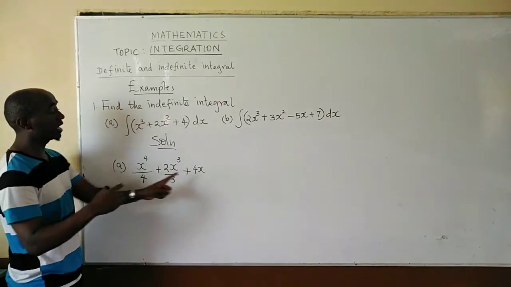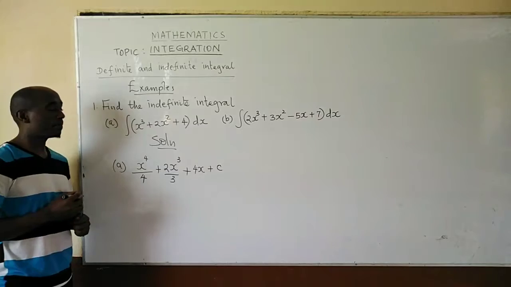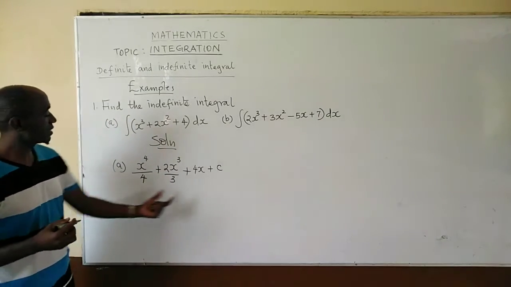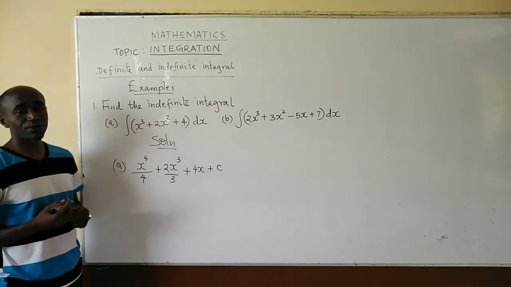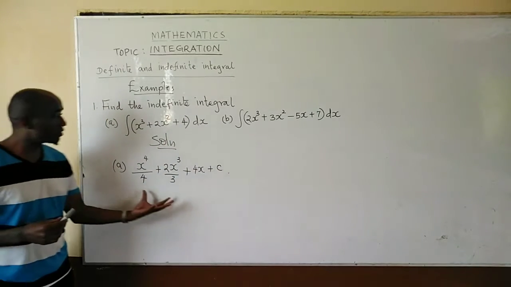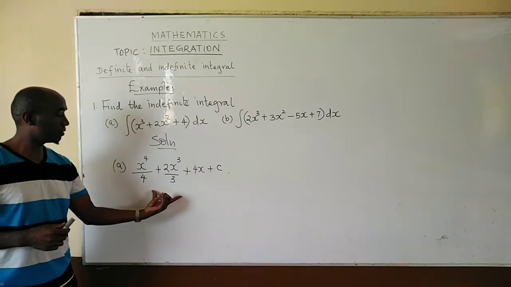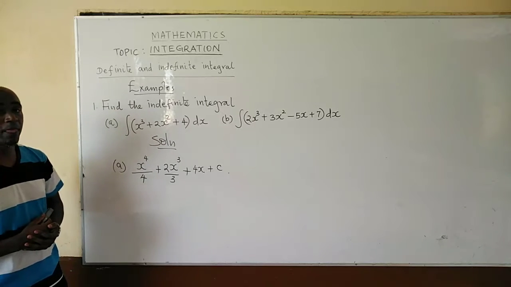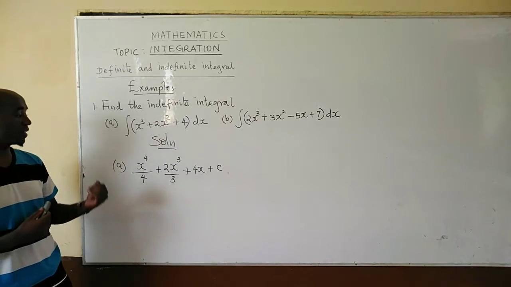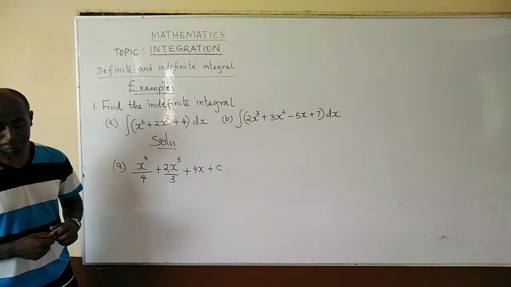Then at the end, don't forget to add a constant, plus c. So this is the answer to A, and we stop there. This is now the indefinite integral: x power 4 over 4 plus 2x power 3 over 3 plus 4x plus c.